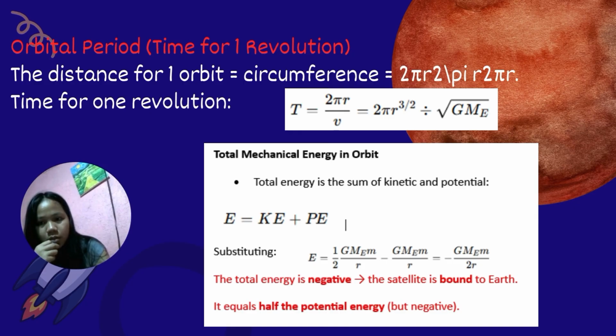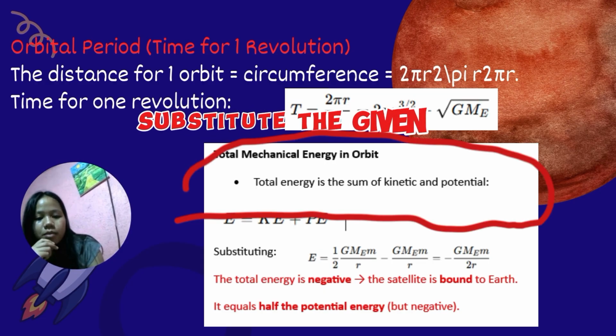Substituting the values and simplifying, we get that the total energy is negative, meaning the satellite is gravitationally bound to Earth. Its value is half of the potential energy and is negative. So now it's time for some problems to solve.